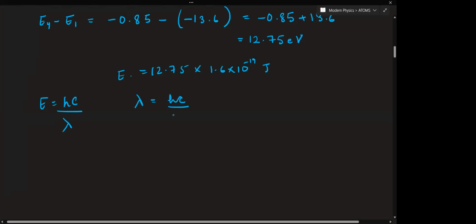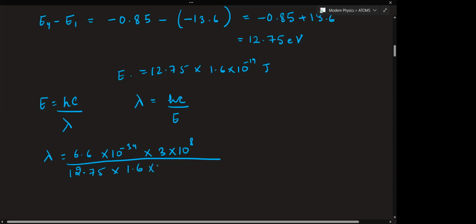So wavelength will be hc divided by the energy. So wavelength will be 6.6 into 10 to the power minus 34 into 3 into 10 to the power 8, divided by the energy that is given, that is 12.75 into 1.6 into 10 to the power minus 19. This much meters. Clear?